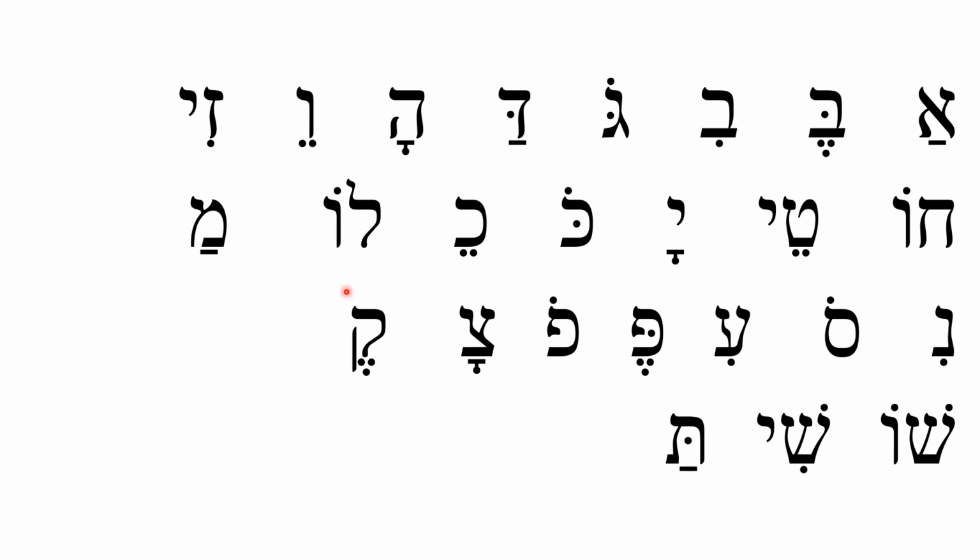And then we picked up the cholem, the O sound, which is the only one that's going to be above the letters. Everything else is below the letters. And we have the O also with the Vav, called a cholem Vav, same pronunciation, O. And I think those are all the vowels.